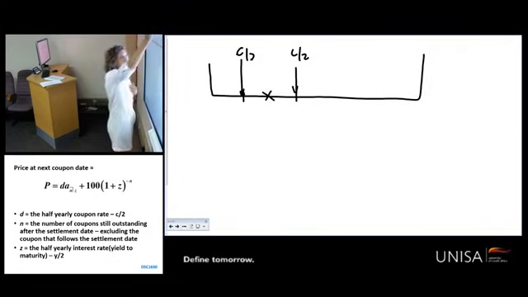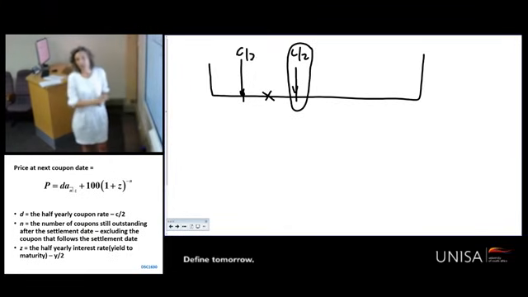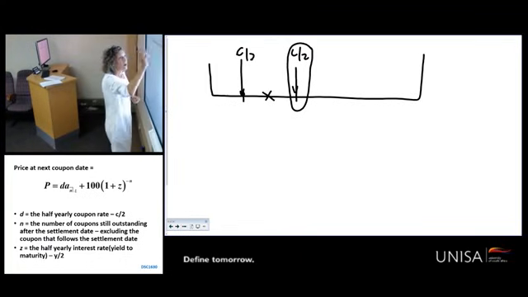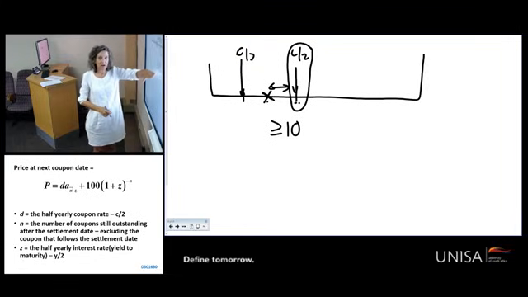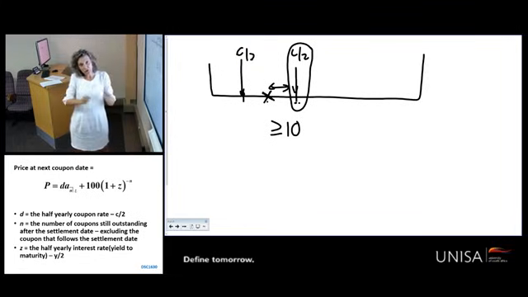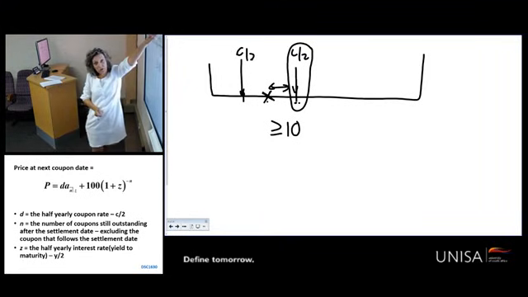So we're worried about this one, which is not included in our formula on the board. Now, they say if the time from the settlement date until the next coupon date is greater than or equal to 10 days, then there's enough time to take this bond and put it into the new buyer's name, and then he will be receiving this next coupon.